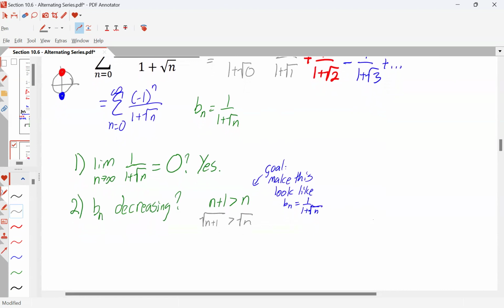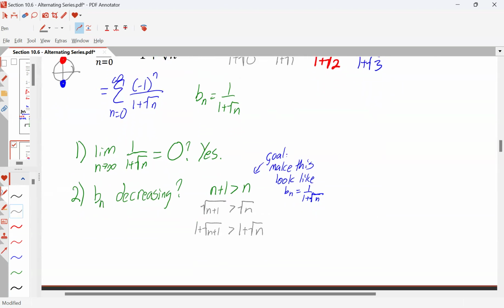Next thing, I'm going to add 1. 1 plus the square root of n plus 1 is in fact still bigger than 1 plus the square root of n. Add 1 to both sides. Now, take the reciprocal, 1 over 1 plus the square root of n plus 1, and 1 over 1 plus the square root of n.